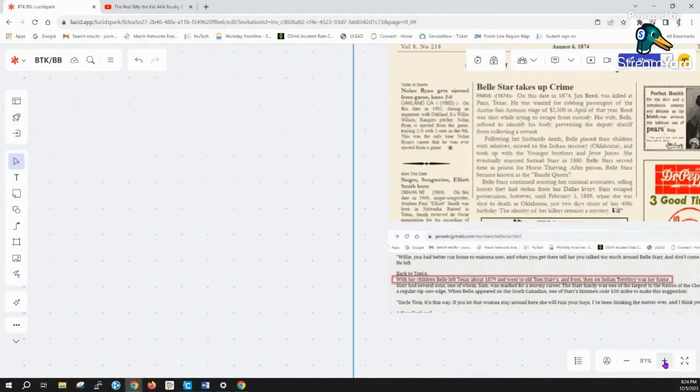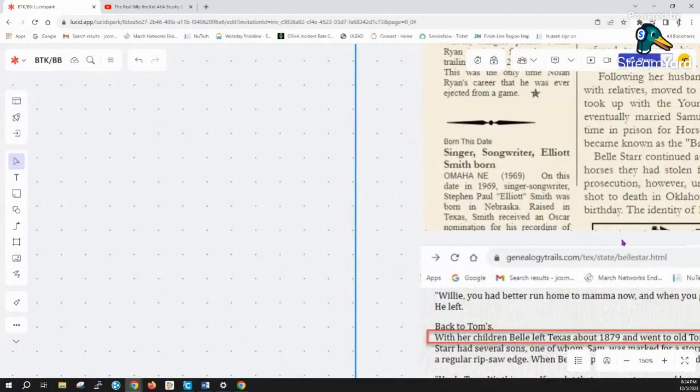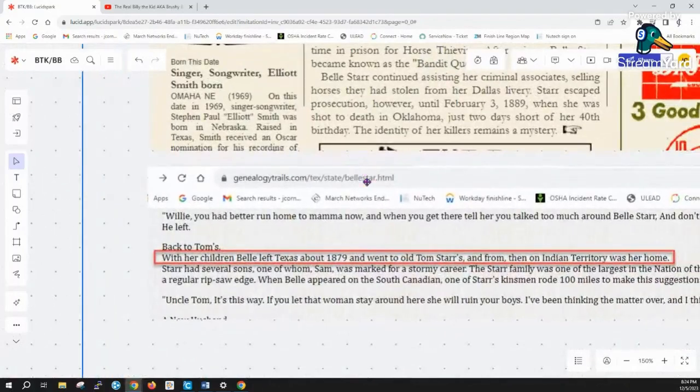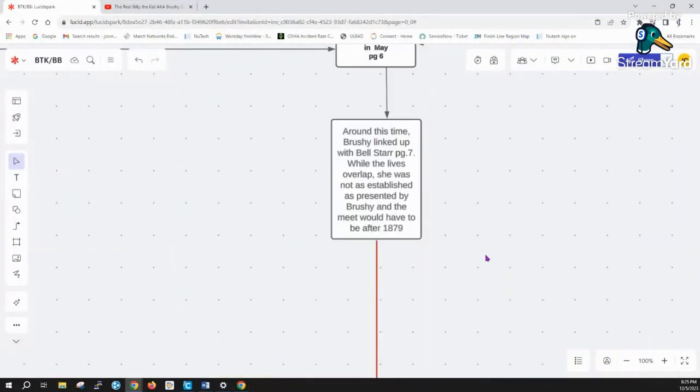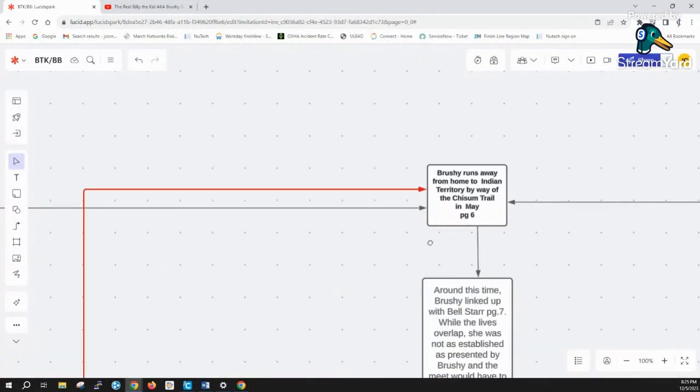Belle Starr did not leave, and she had charges and everything else up against her. She didn't leave the Dallas area, Texas area, until 1879. So I don't know how Brushy was running away to Indian Territory and meeting up with Belle Starr. That once again, we're coming to the problem of, according to Brushy, two different places at the same time.